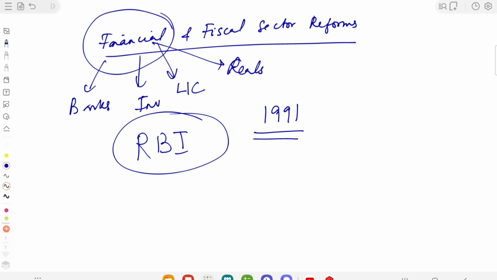I know it is not possible to memorize all the points, but at least the salient features of the Narasimham Committee reform, its findings, and what changes that report brought up in the banking sector reforms. It is good if you can learn and keep all those things. Okay, so I'll just give a gist, I guess.